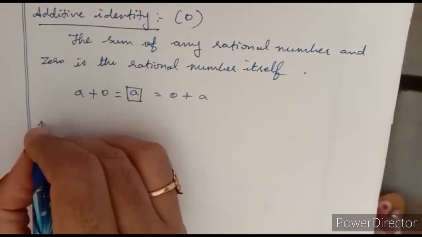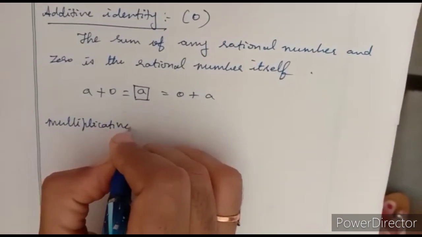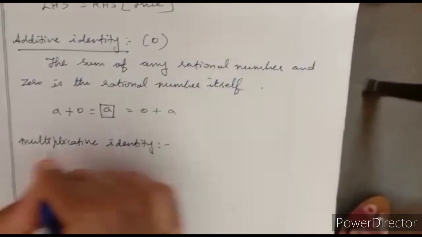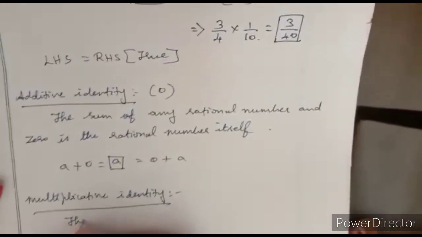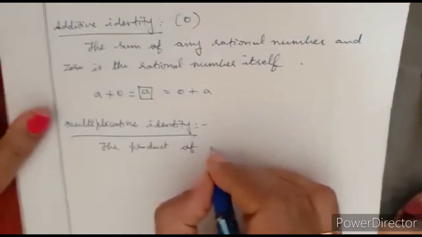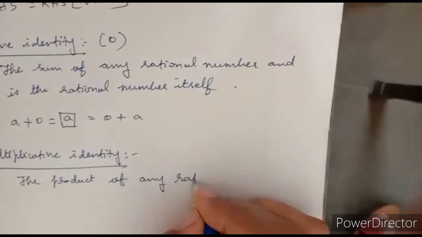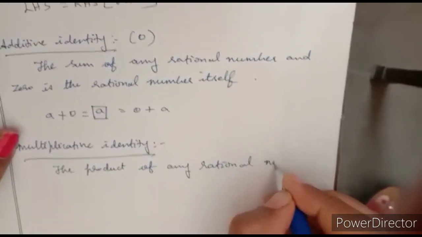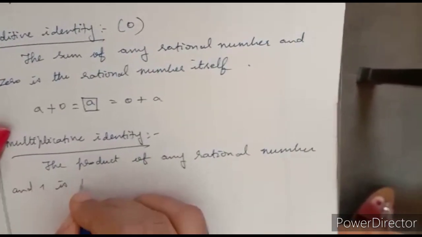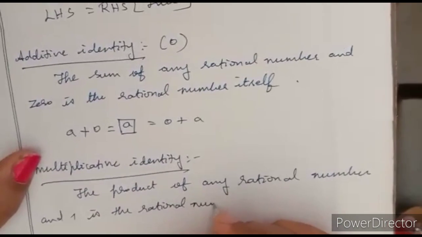Next, multiplicative identity. The product of any rational number and 1 is the rational number itself.